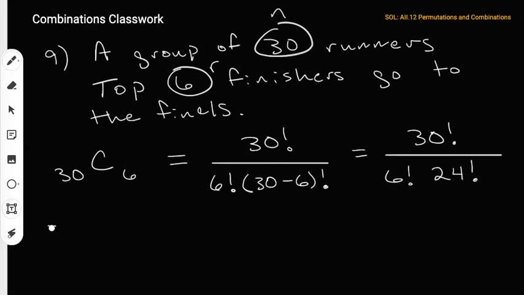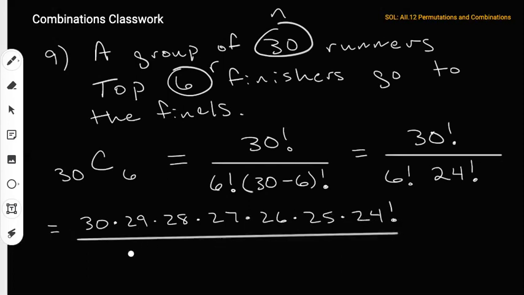So now what I want to do is I want to cancel out the 24 factorial. The 30 can go all the way down to 24 and then stop. So I will do that. Stop at 24.